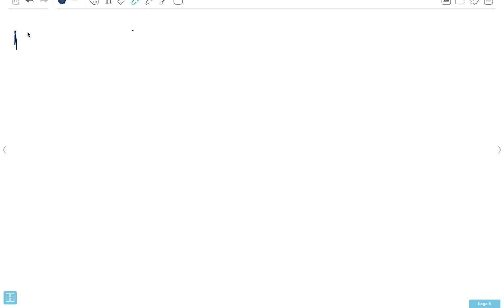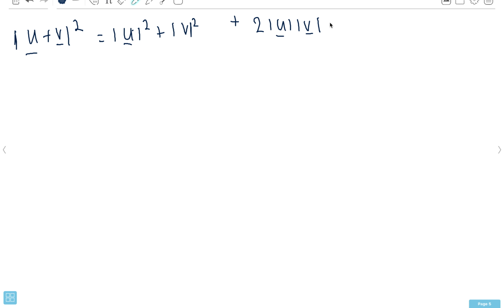So our first equation is mod u plus v squared was mod u squared plus mod v squared plus 2 mod u mod v cosine theta.